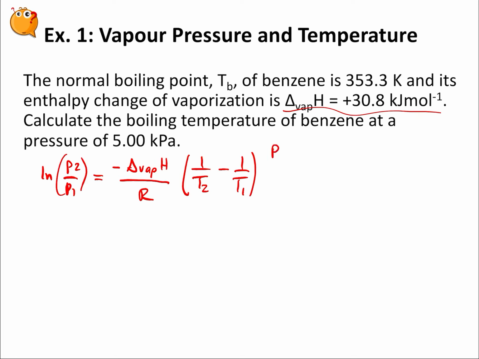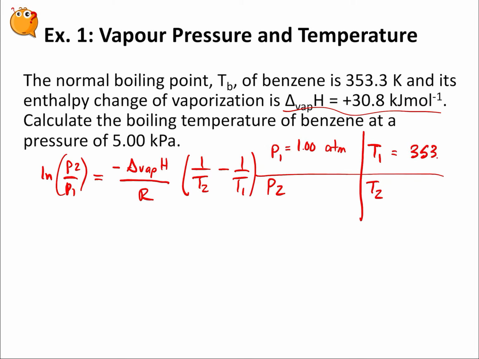So we have our P1 and our P2, we have our T1 and our T2. Our P1 and T1 we can take as the normal boiling point of benzene. So that is a pressure of 1.00 atmospheres, and this comes at its normal boiling point of 353.3 Kelvin.